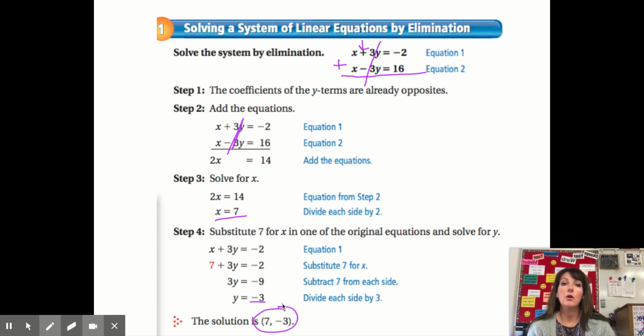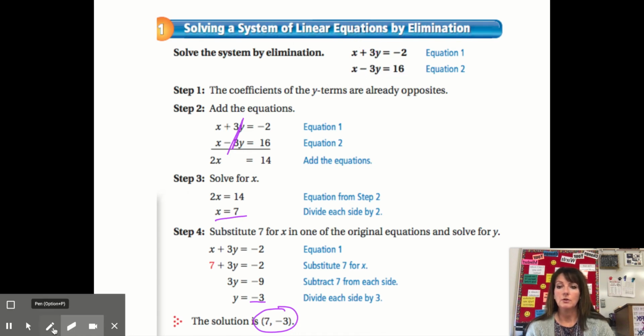to get the ordered pair. Now, always, always, always check to make sure that it works. So if we have the x is 7 and this y is -3, I'm sorry, this is in place of right here.